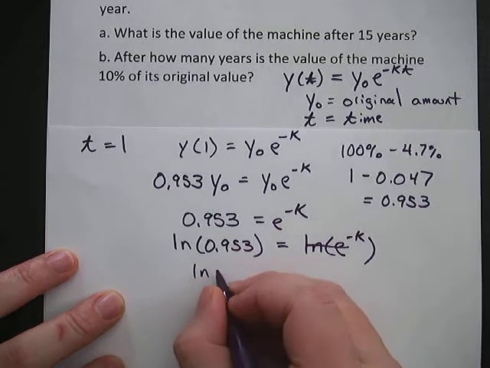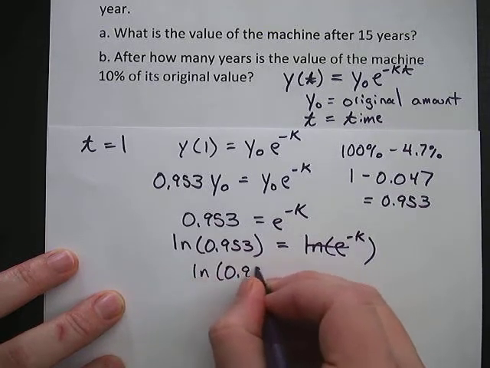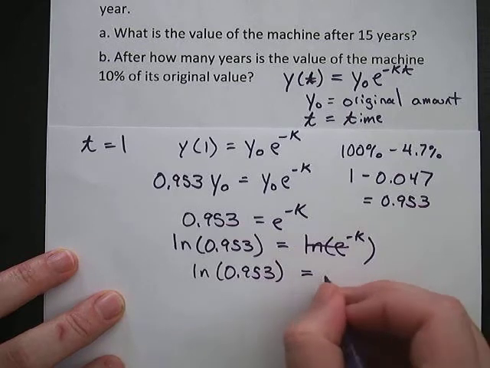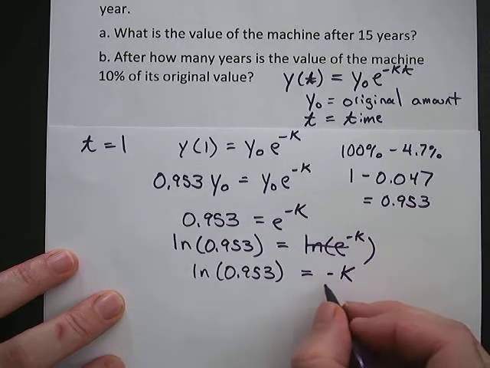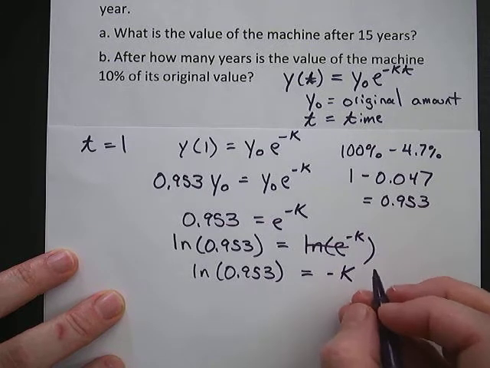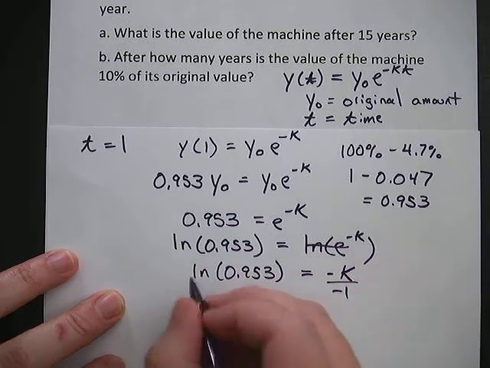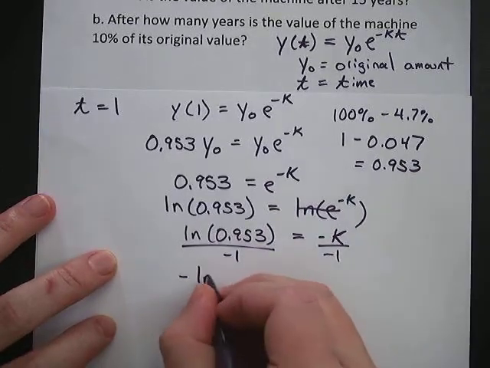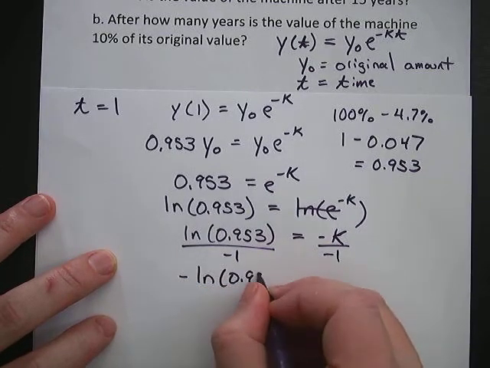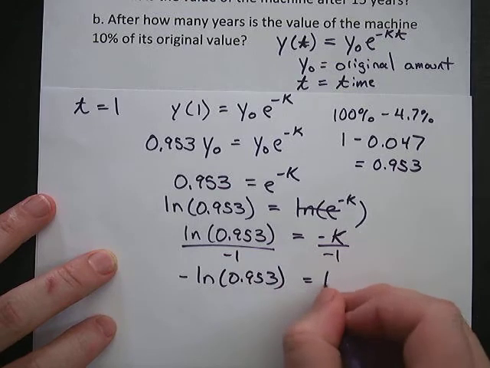So you get ln of 0.953 equals negative k. If you divide by negative 1, that'll give you negative ln of 0.953 equals k.